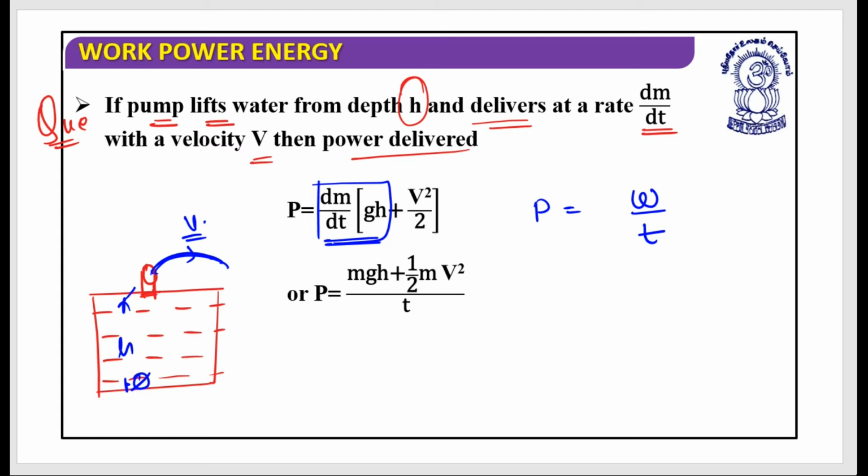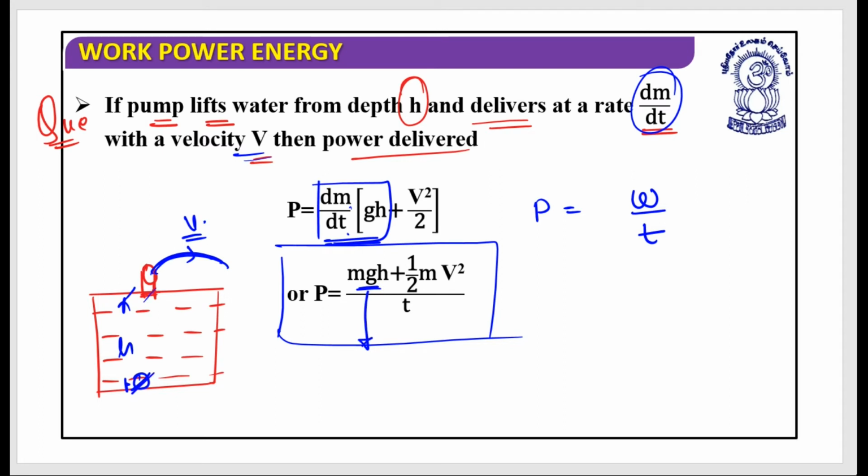And one more task is to deliver this at a rate of dm by dt with speed V, so that would be dm by dt into V square by 2. If I simplify this, it is mgh plus half mV square by t. So I am doing two tasks: bringing this water from the bottom to the edge height, and then delivering it with certain speed V within a certain amount of time t. I hope this is clear.